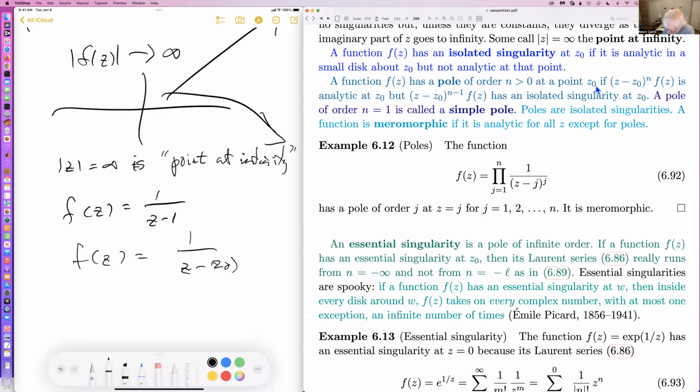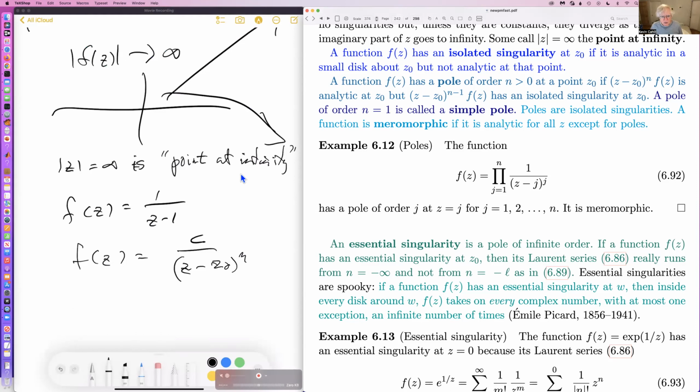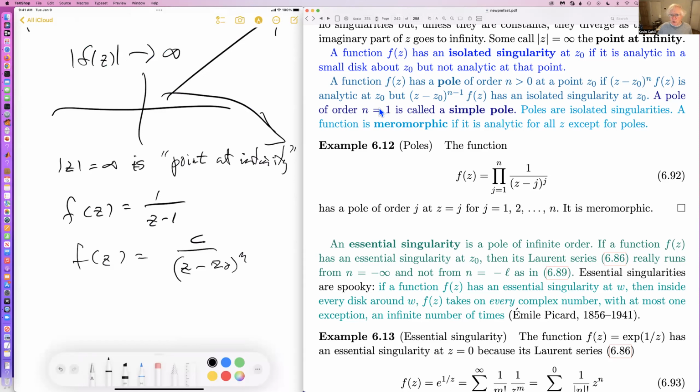More generally, if you have something like a constant c over z minus z0 to the nth power, we'd say then that this has a pole of order n at z0.